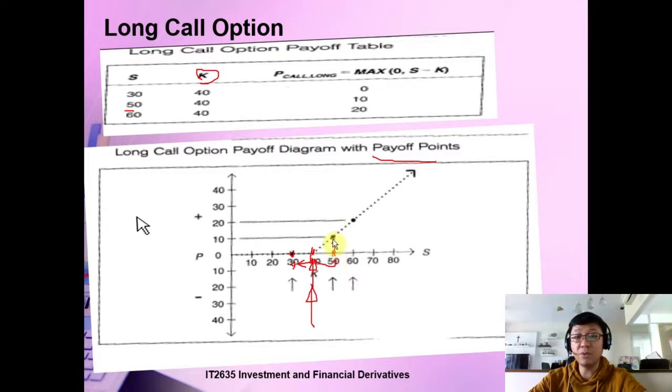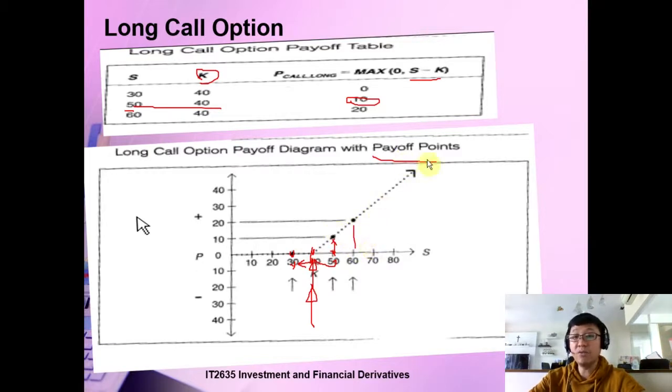Your payoff will be 50 minus 40, the formula over here. And of course, if it's 60, you buy at 40 and sell at 60, because you can exercise your right, and you get a payoff of 20. So that's how it trends up.